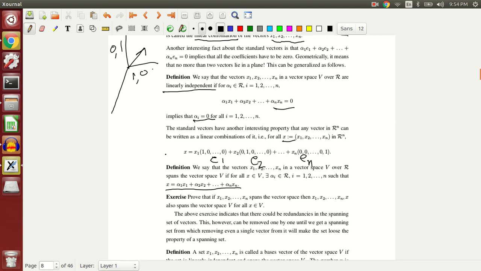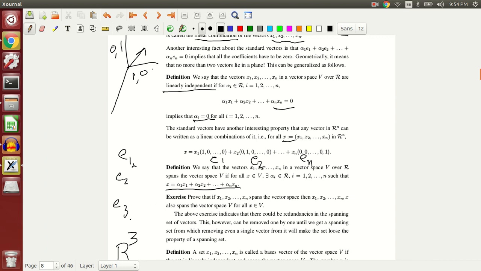So for example, if you have 3 standard vectors, e1, e2, e3, then these three standard vectors span space R3. True? Yes. Sure, the linear combination of these will add to 0.